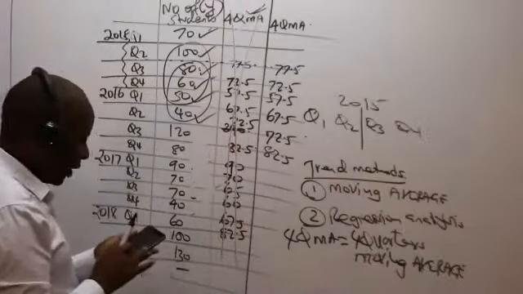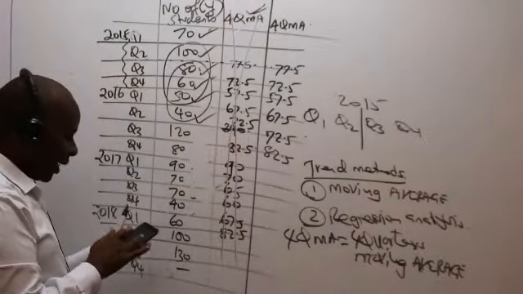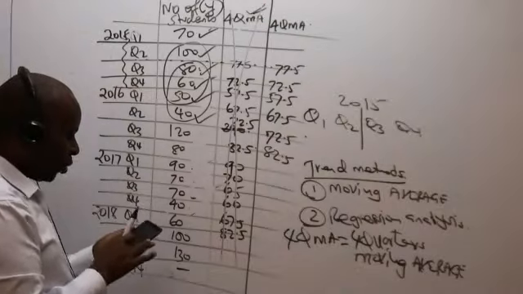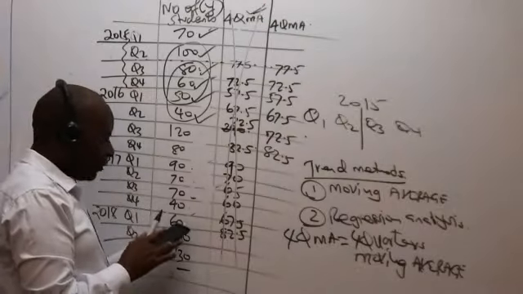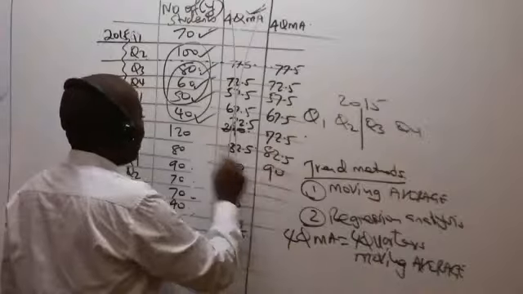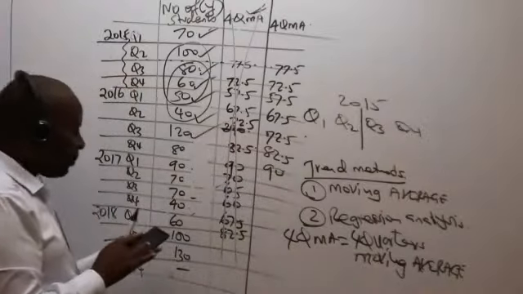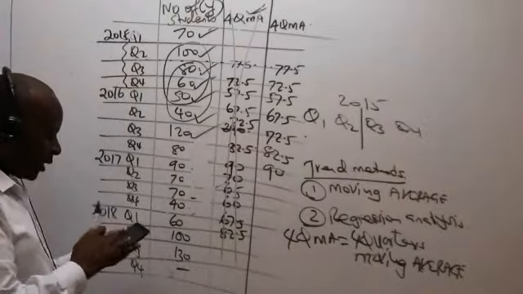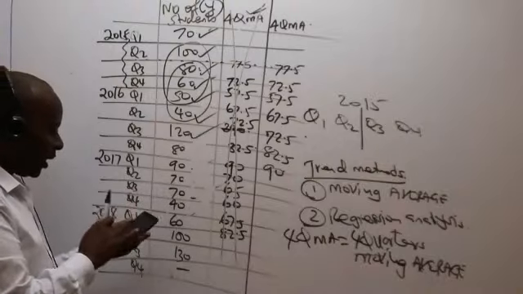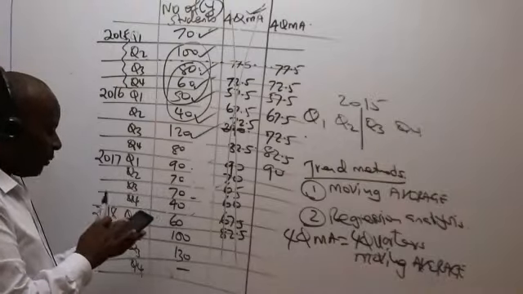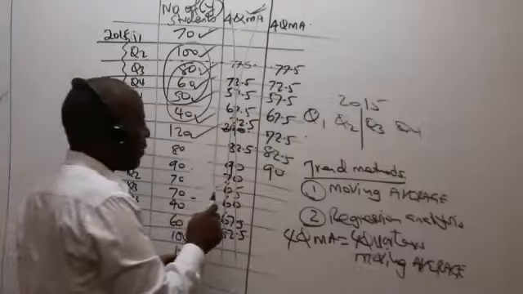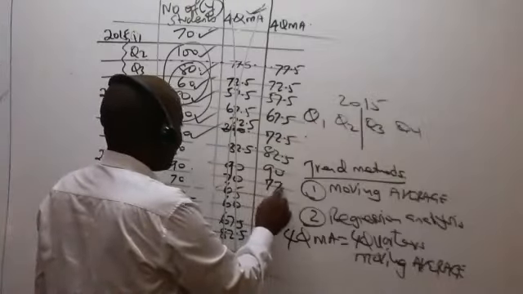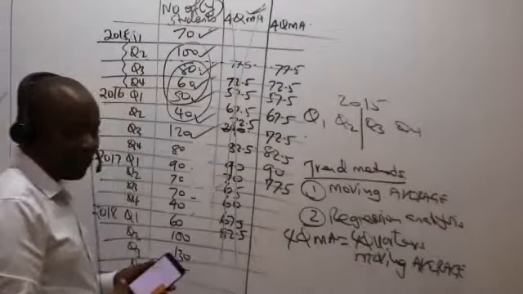Then 120 plus 80 plus 90 plus 70, divided by 4, which gives me 90. I tick that. Then 80 plus 90 plus 70 plus 70 again, divided by 4. I'm getting 77.5.